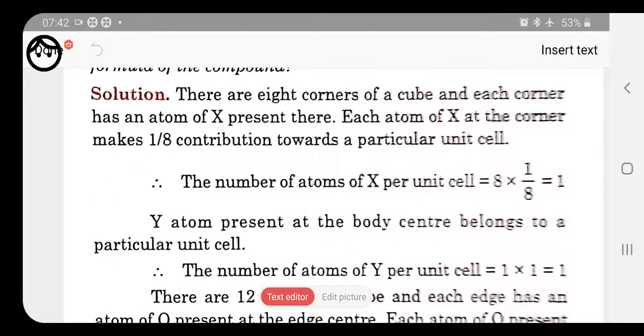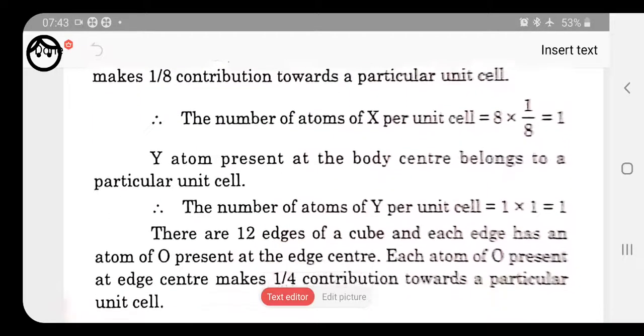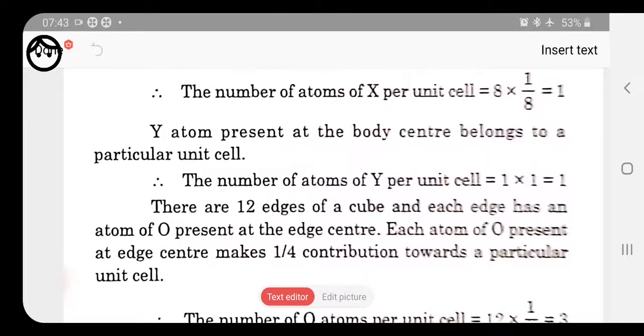Y atoms are present at the body center, as given in the question. Again, we know the body center is not going to be shared with anyone else, so for Y here once again we have 1. But if we are talking about the edge, each unit cell has 12 edges. There are 12 edges of a cube and each edge has an atom of O at the edge center.